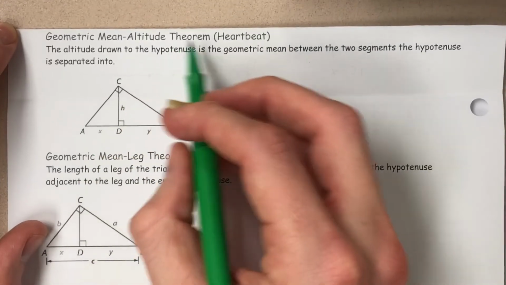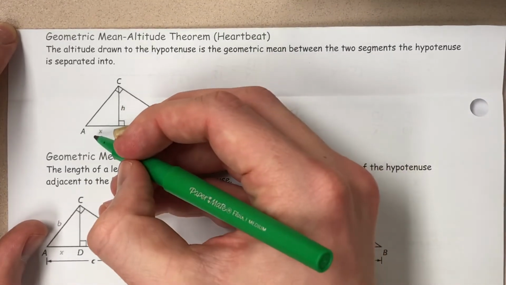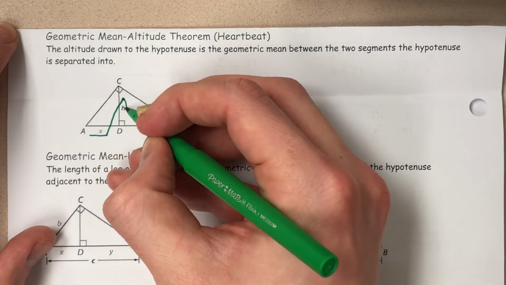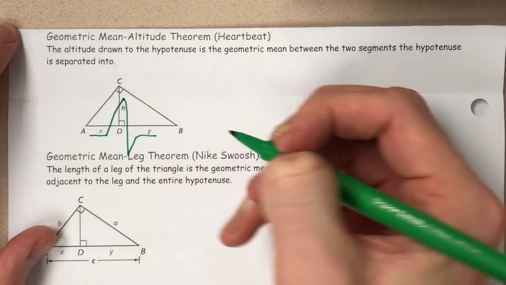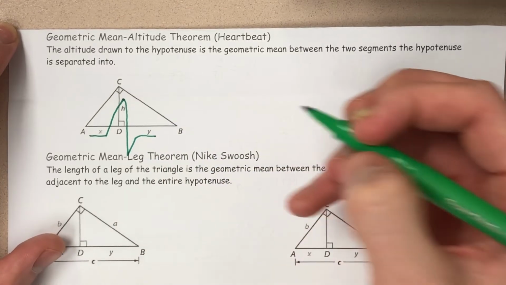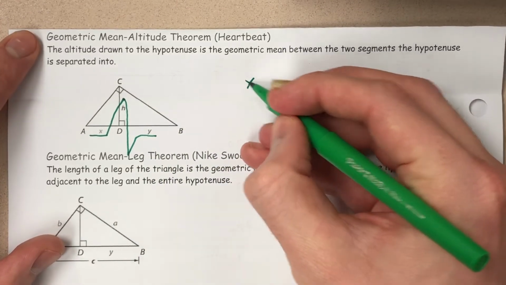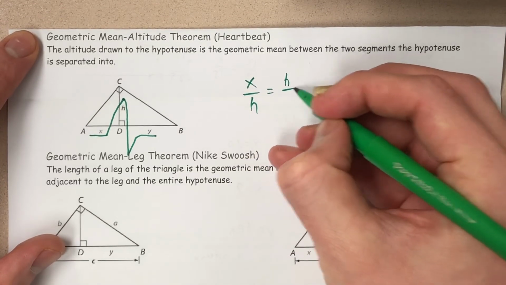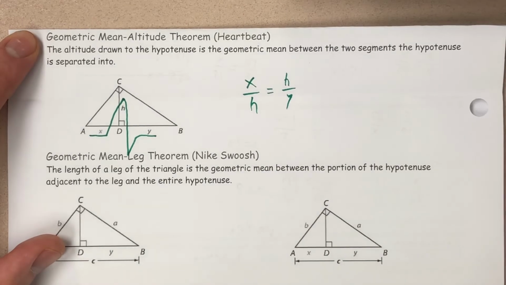But how this works and why it's called the heartbeat method is because we take our x and we put it over the h, and then we take h again and we put it over our y. So our proportion would look like this: x over h equals h over y.